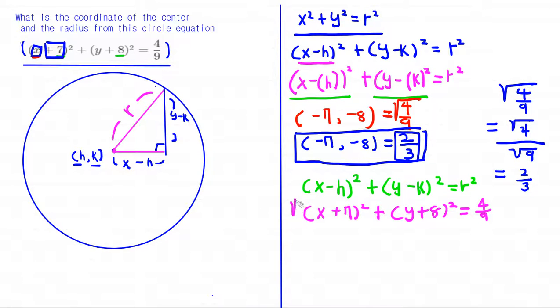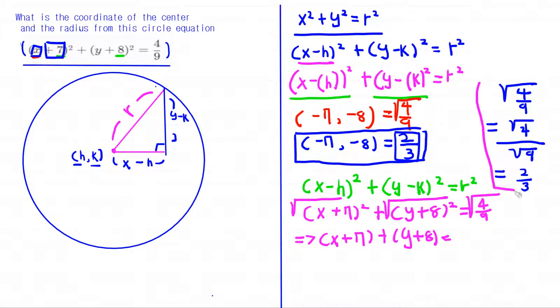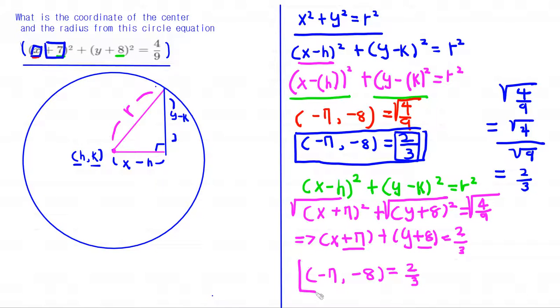We can take the square root of it to know the x value, y value, as well as the r value, and the radius is the square root of 4 over 9, as we did here, which is equal to 2 over 3. And we know that the x value is negative 7, the opposite of the plus 7, and the y value is negative 8, the opposite of the plus 8. And the radius is 2 over 3.